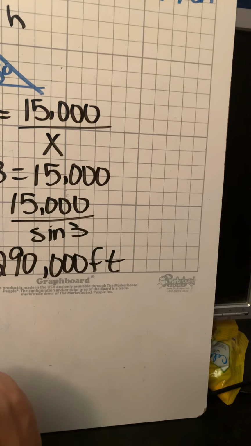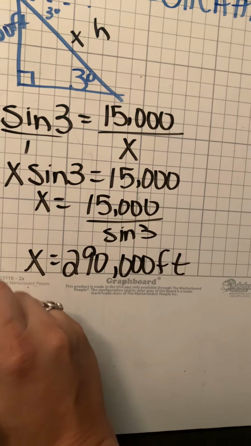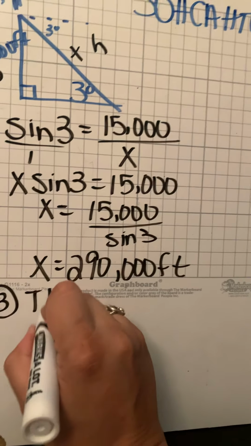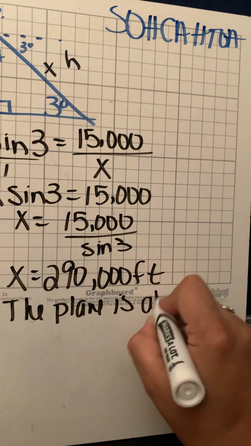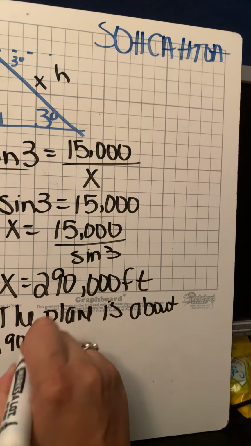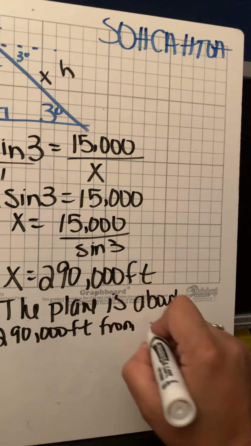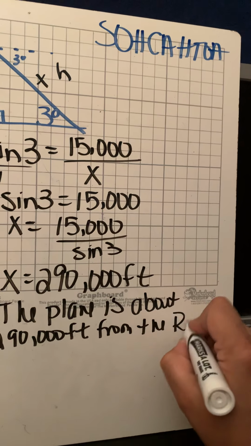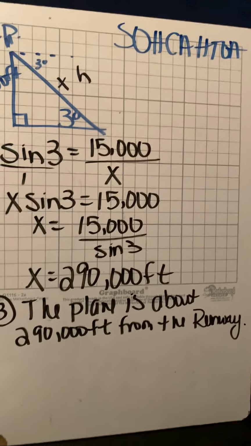So then you would state the plane is about 290,000 feet from the runway, which is very important.